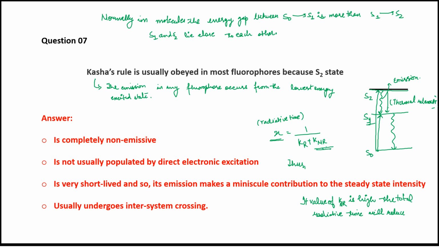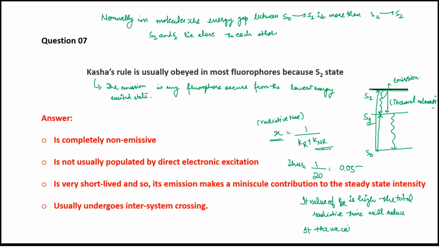Suppose I have taken this to be 10 and this to be also 10. But if you add these two, then it comes to be 1 upon 20 and the answer comes to be 0.05. Right?